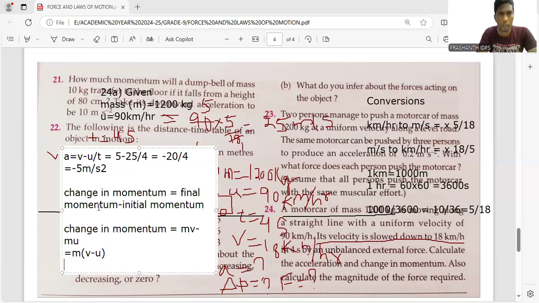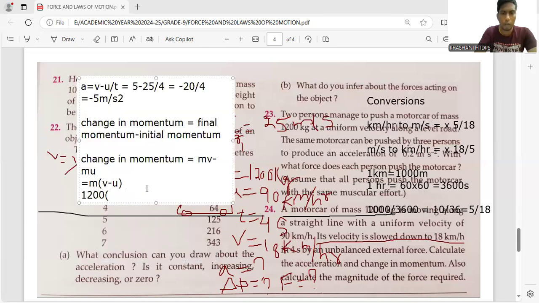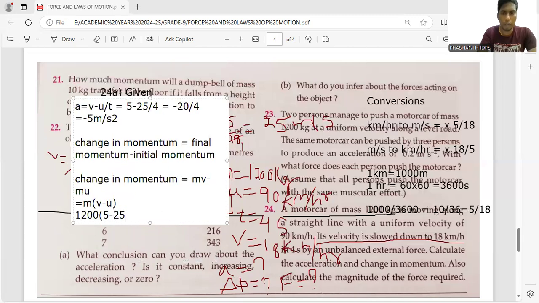Substitute the values. What is the mass? Mass is given as 1200. 1200 into v, which is 5, minus u, which is 25. 5 minus 25 is minus 20. So 1200 into minus 20. 12 twos are 24, so you will be getting 24,000, and it will be minus.